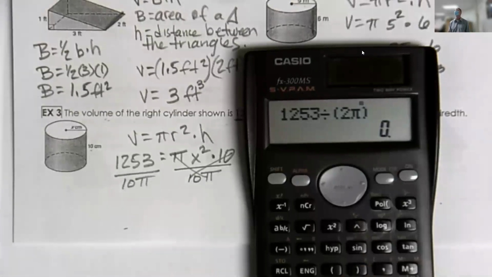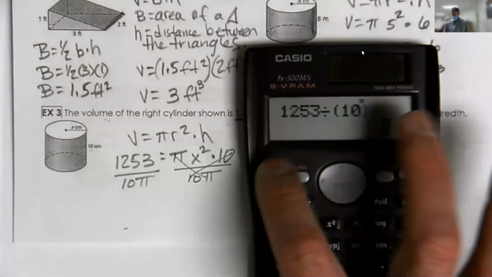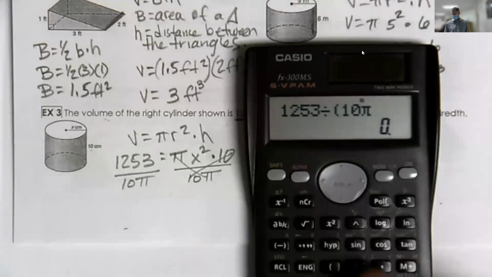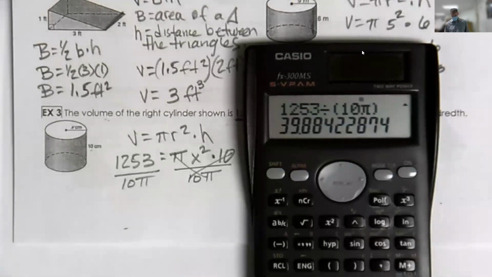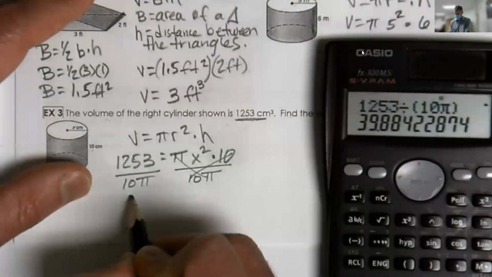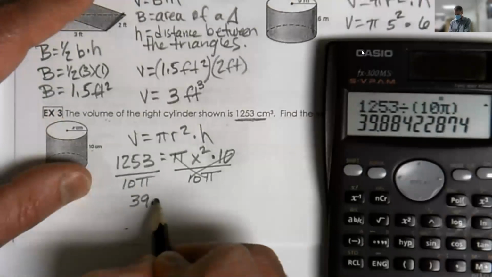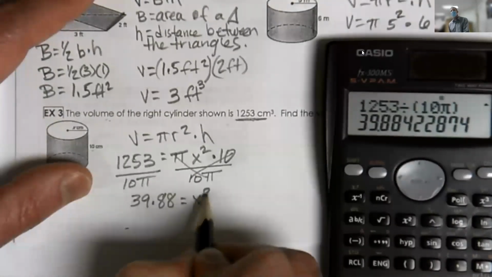That would completely work. 10 pi, that is more correct. And we get 39.88. That is our x squared.